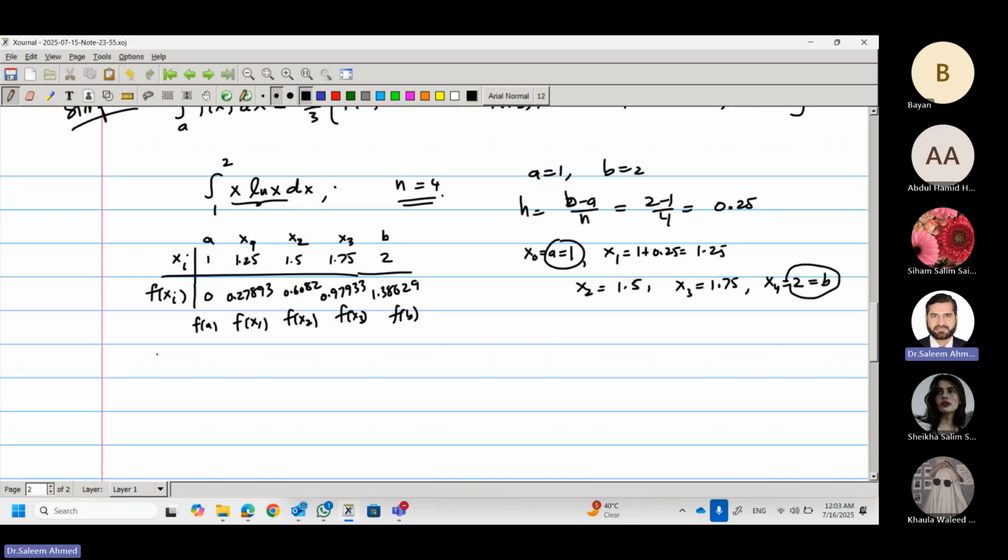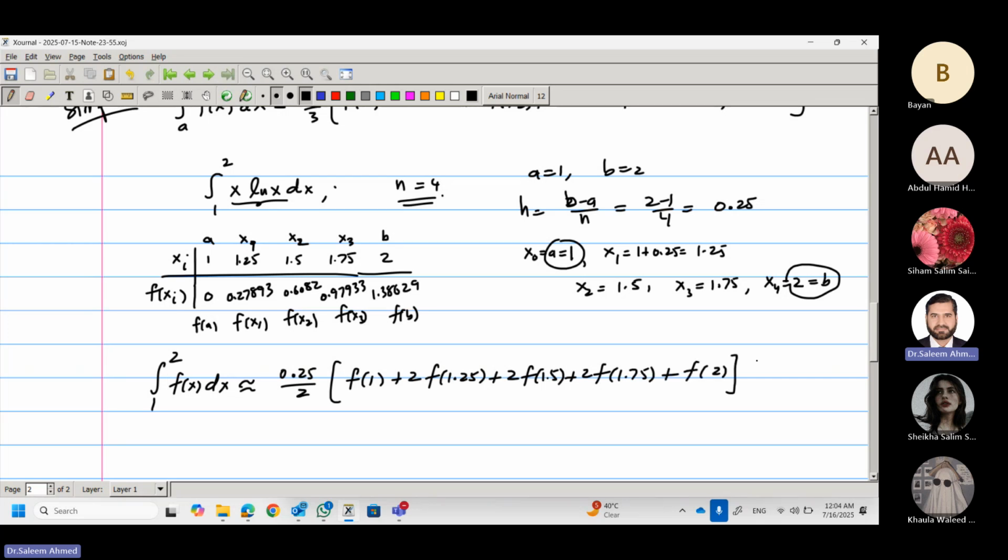All right. Or you can directly write the integral from 1 to 2 of f(x) dx approximately equal to h by 2. h was 0.25 divided by 2, times f of a, which is 1, plus 2f of the next point, 1.25, plus 2f of 1.5, plus 2f of 1.75, plus f of b, which is 2. Right?